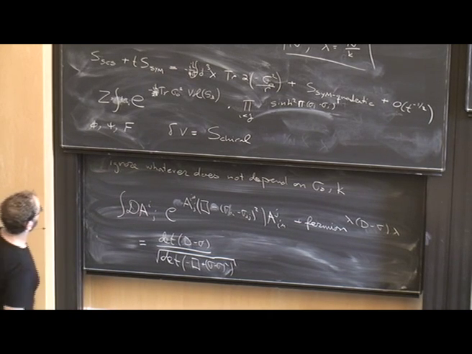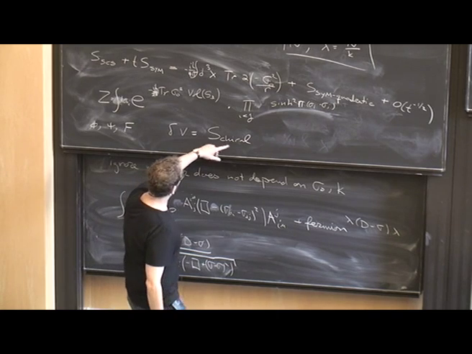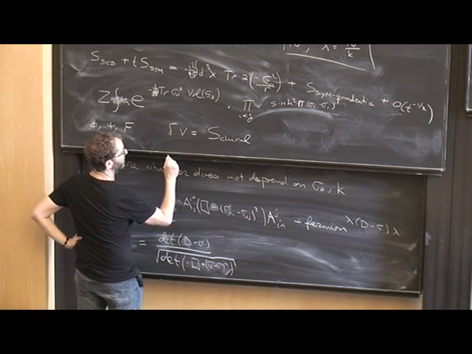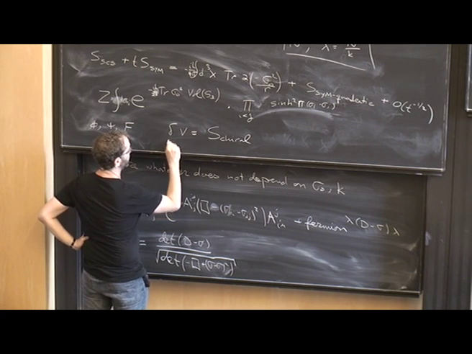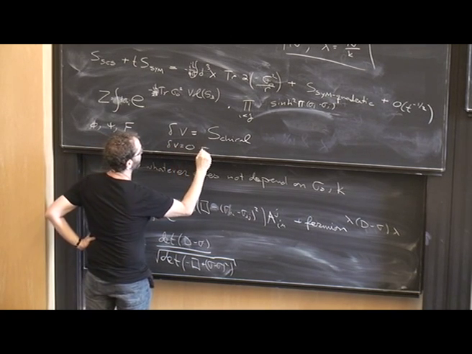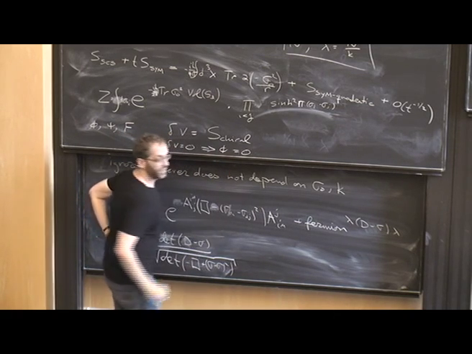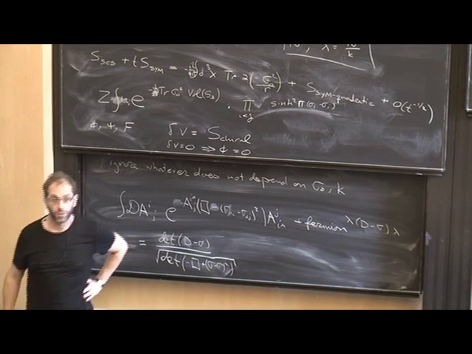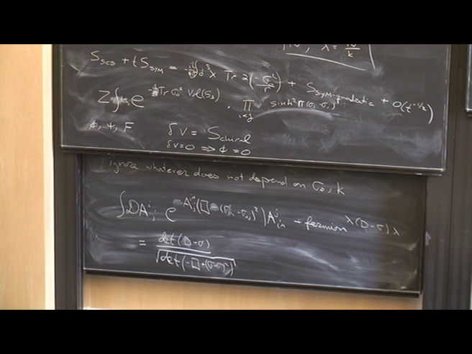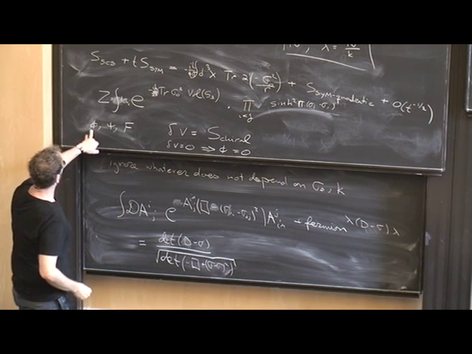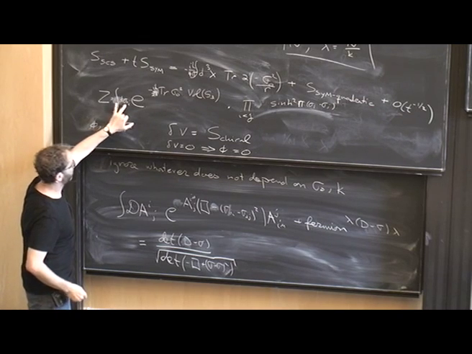And in that case you find that delta V equals 0 implies that phi is equal to 0. So you have no more modes to integrate over. No more constant modes, phi, like you had here, sigma naught.